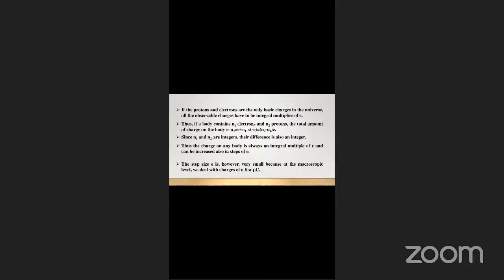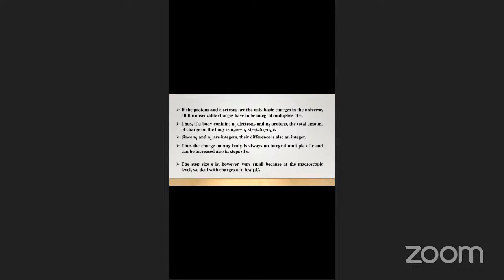Why? Because plus e means proton is a positive terminal. So you can write N2 into e plus N1 into minus e, where minus e means electrons, the negative terminal. So that is equal to N2 minus N1 into e, where e is common.